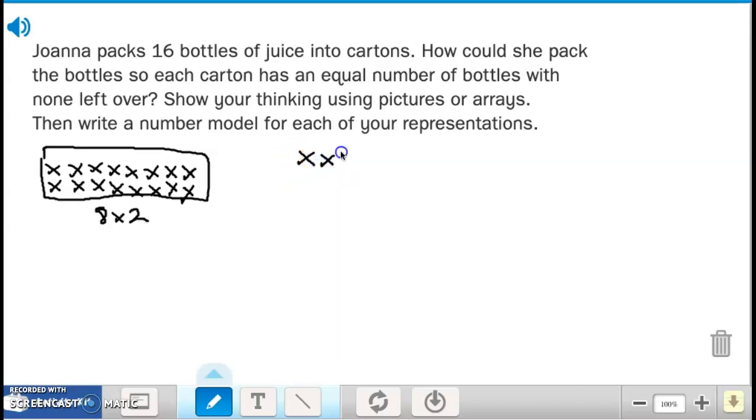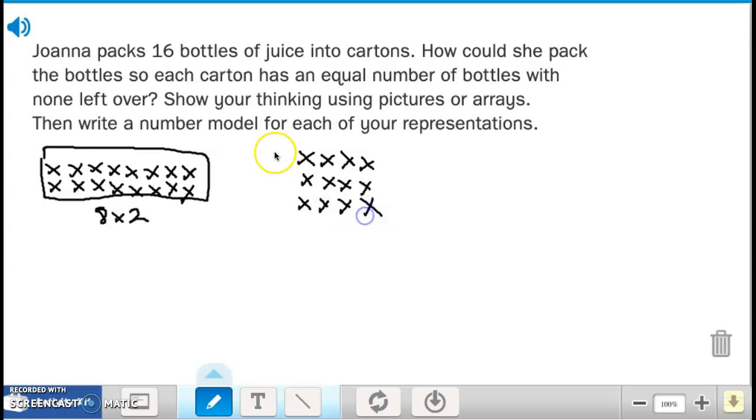As I'm thinking, those of you that know your multiplication facts should be able to think of this pretty quickly. Two numbers that you're multiplying together to equal 16. Well, I hope some of you have figured it out.